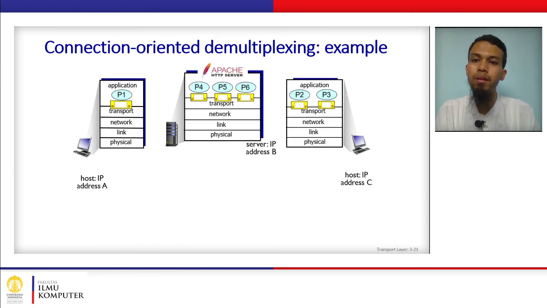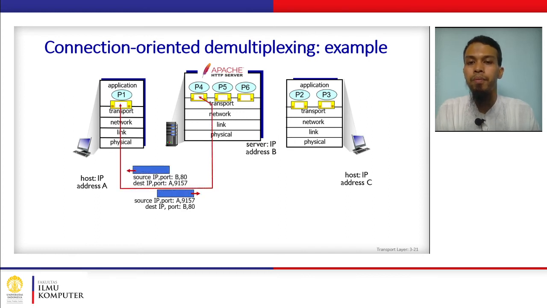So for example, we have one HTTP server communicating with 2 hosts, but in one host there are 2 different processes communicating with the same HTTP server. This is something quite common in our daily life.